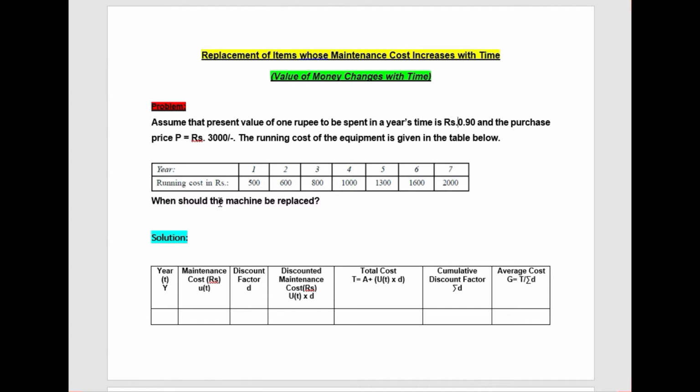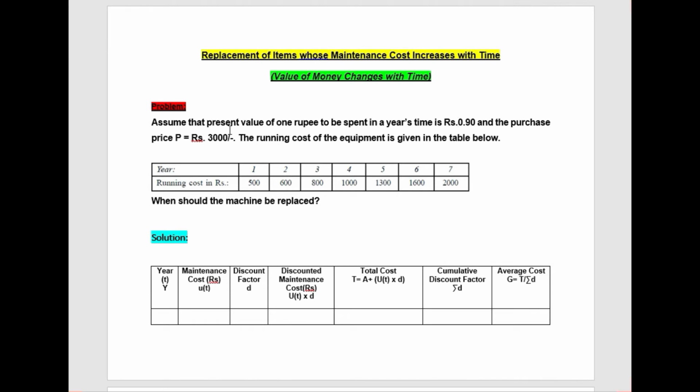First, read out the first line. Assume that the present value of 1 rupee to be spent in a year's time is rupees 0.90. This means today's 1 rupee is equal to 0.9 rupees in the next year.